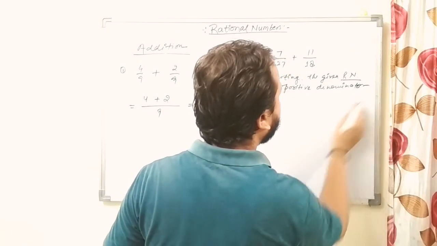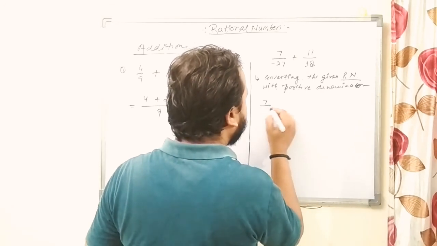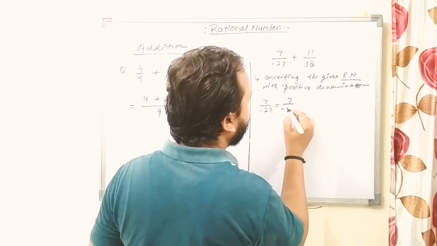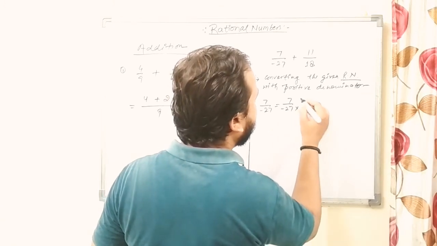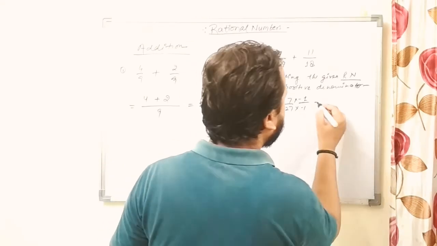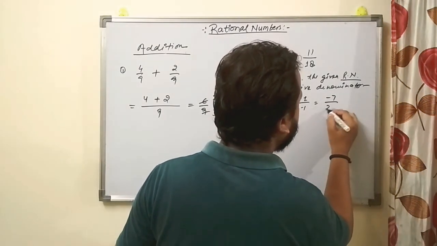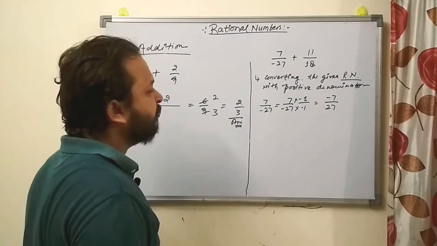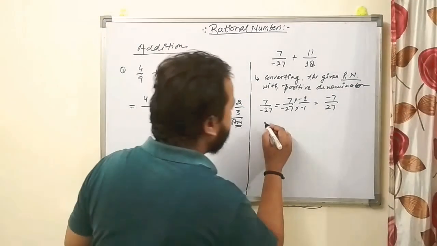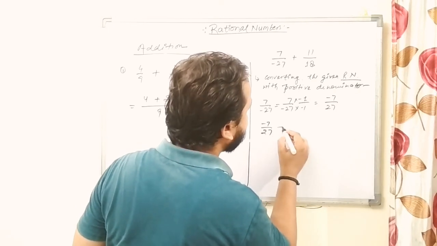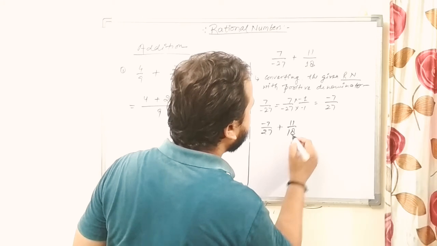So 7 by minus 27 is the given rational number. So what you have to do, just multiply by minus 1 in both numerator and denominator. After that you will get minus 7 by 27, right? So now the given numbers are minus 7 by 27 plus 11 by 18, right?